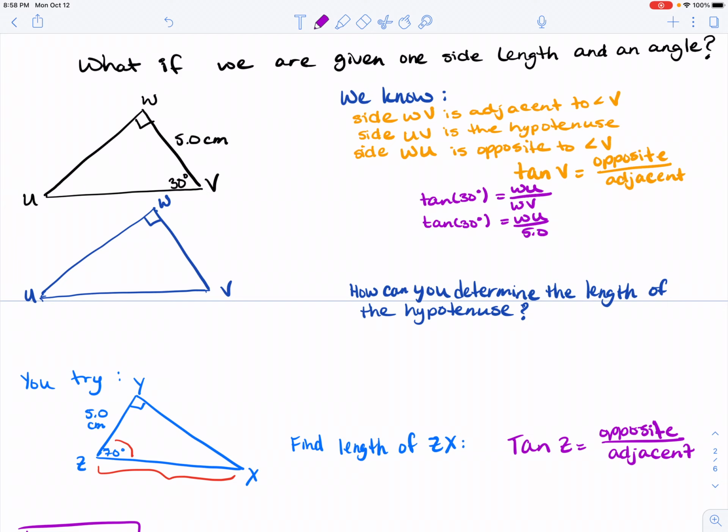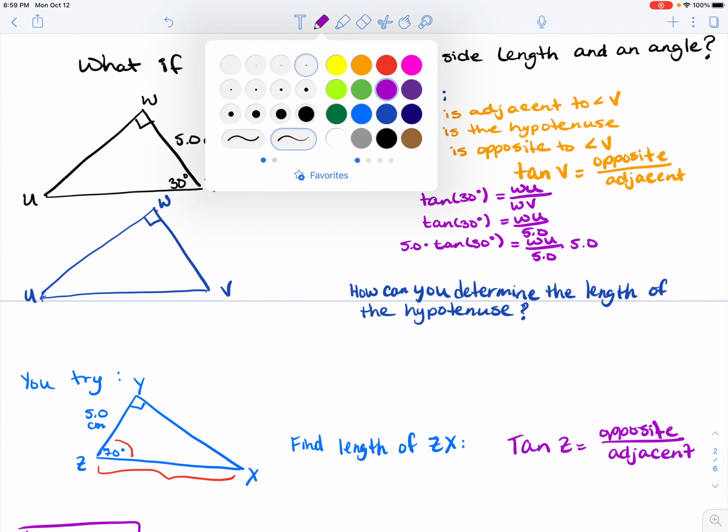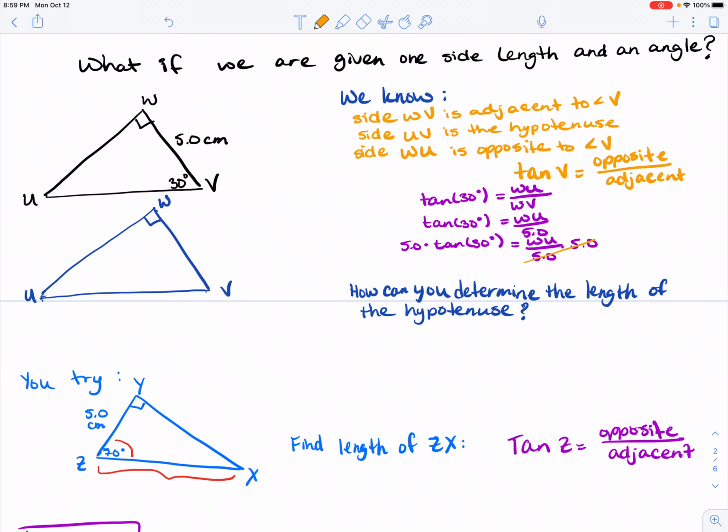And we can go ahead and solve for this. So if we multiply both sides by 5, I can cancel out my 5's, and it'll isolate WU for me.